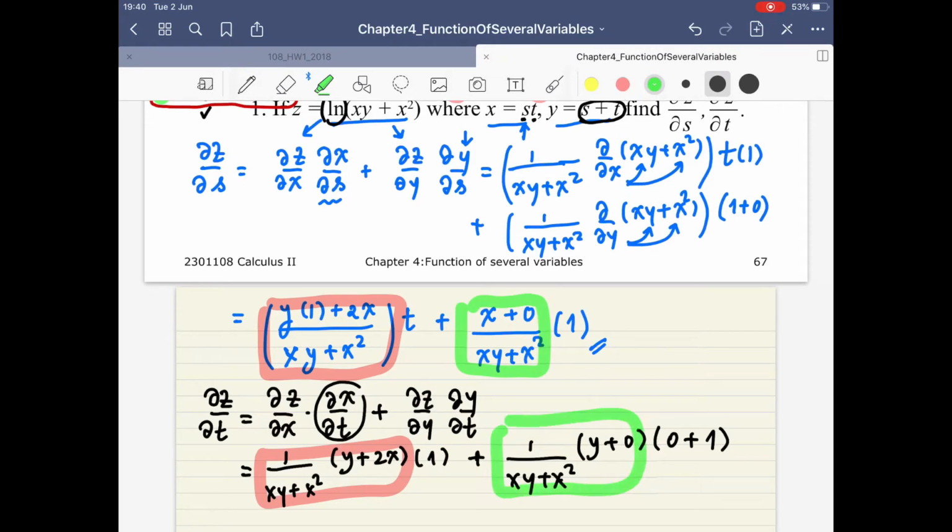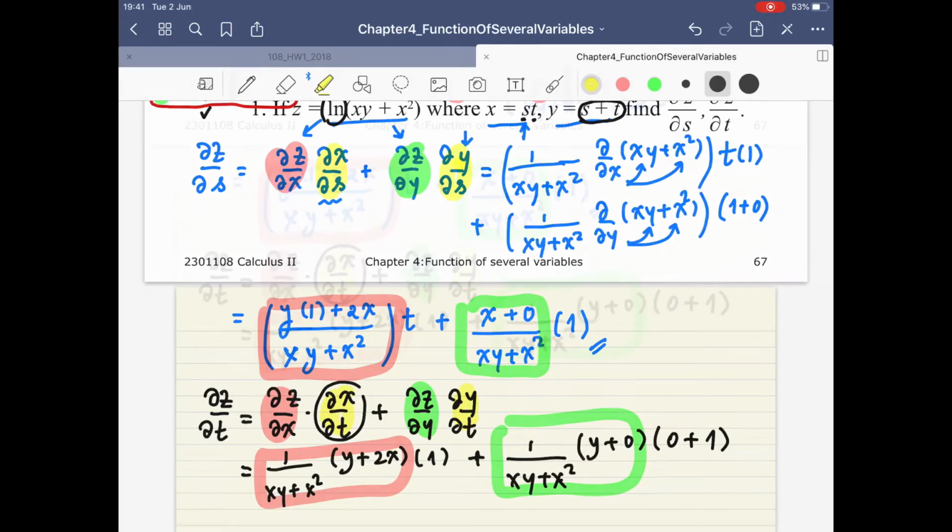You see, because here the first term is always dz by dx, and then the second term always starts from dz by dy. Okay, so if you do it right at once, then to find the other partial derivative using the chain rule, you can just copy it down. The one that will change will be the one behind here. That will not be the same.